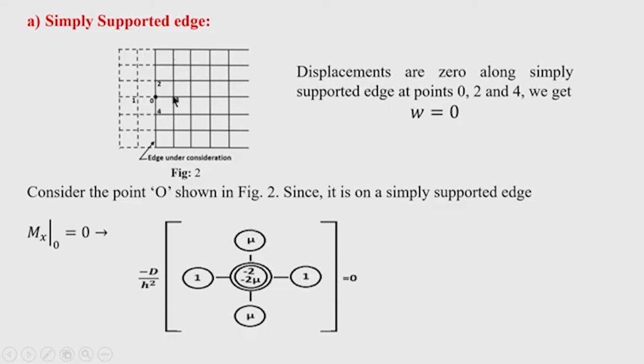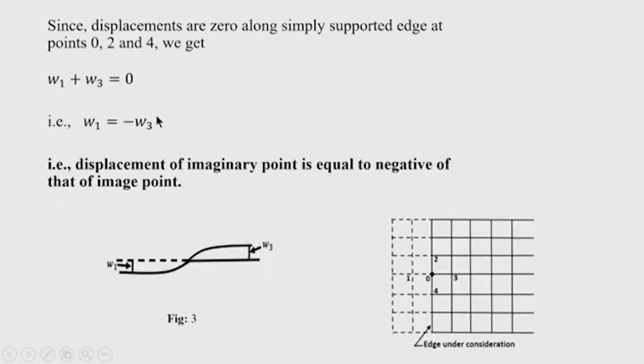So, W 1 plus W 3 is 0, and these points at 2, 0 and 4 are falling on the edge, so the deflection is 0. So we can express this boundary condition as W 1 plus W 3 equal to 0, so W 1 equal to minus W 3, that is, the deflection of the imaginary point is equal to the negative of the deflection of the image point. Image point is 3 here.